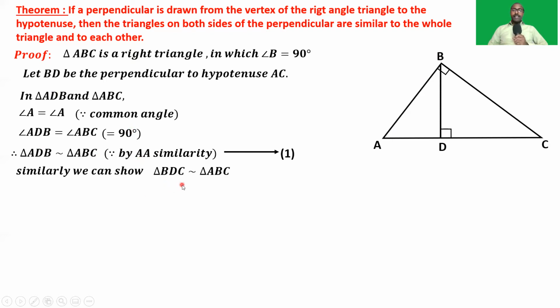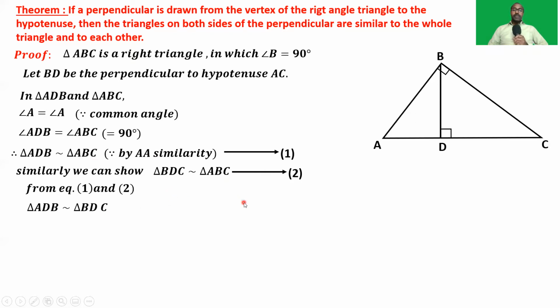So, triangle BDC is similar to triangle ABC, take it as equation 2. From equation 1, we have triangle ADB is similar to triangle ABC, and from the second one, we have triangle BDC is similar to triangle ABC. So, from these two, we can write triangle ADB is also similar to triangle BDC.